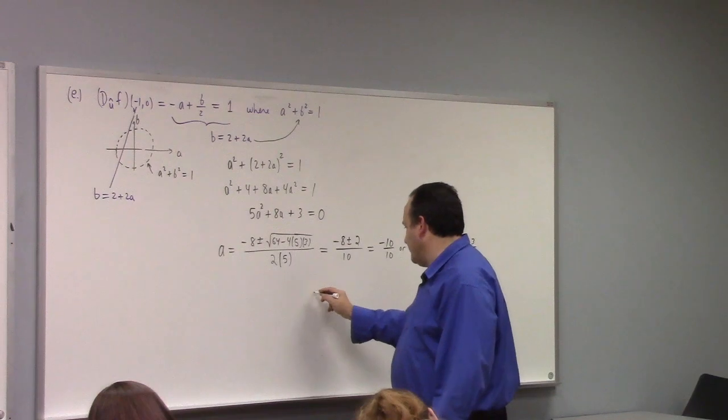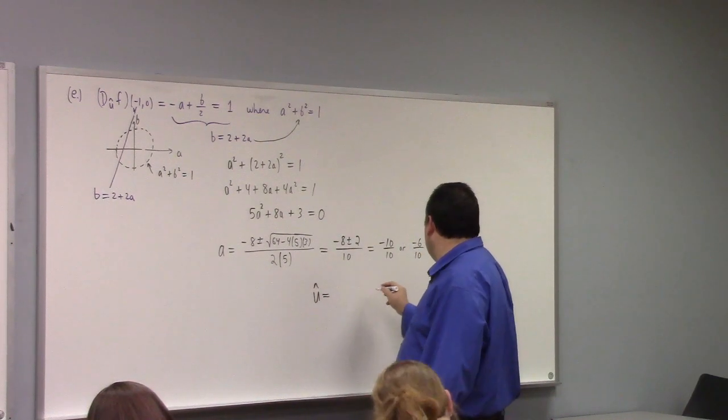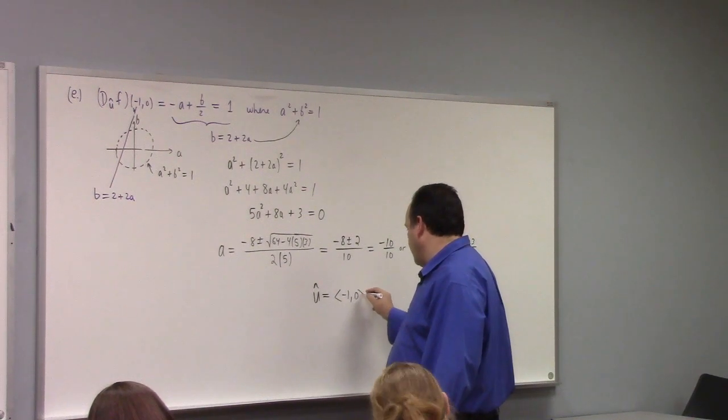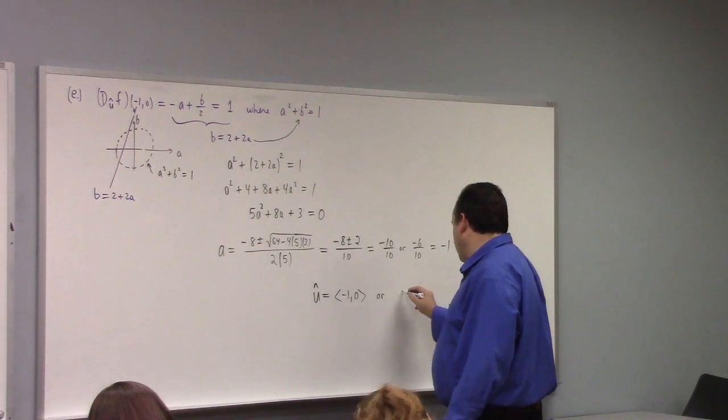So what are my answers? My u hat equals, well, if a is minus 1, that makes b 0, right? And what's the other thing?